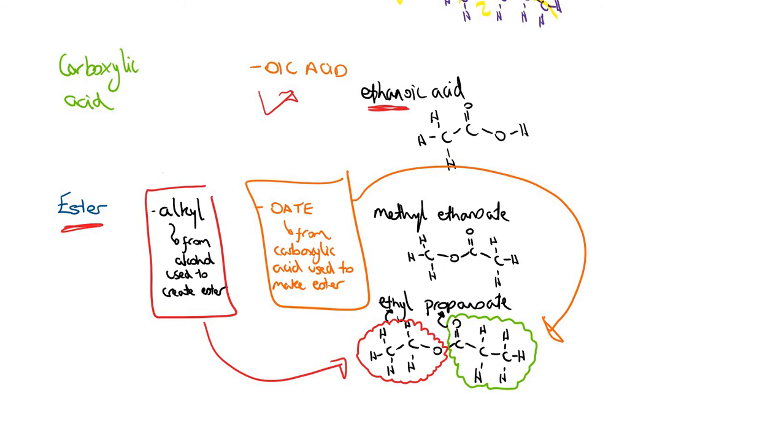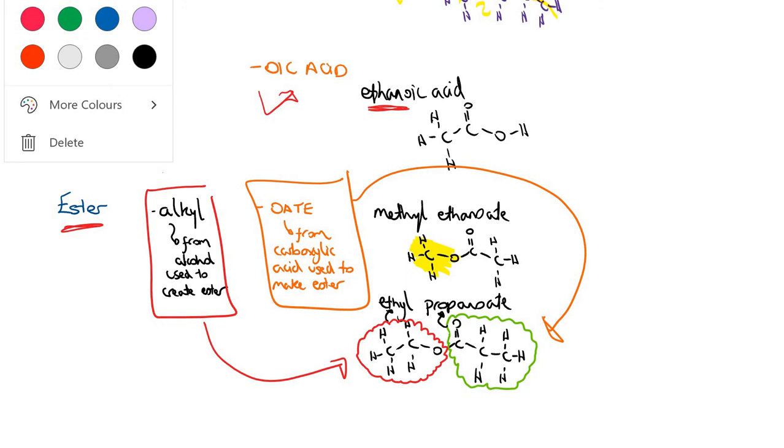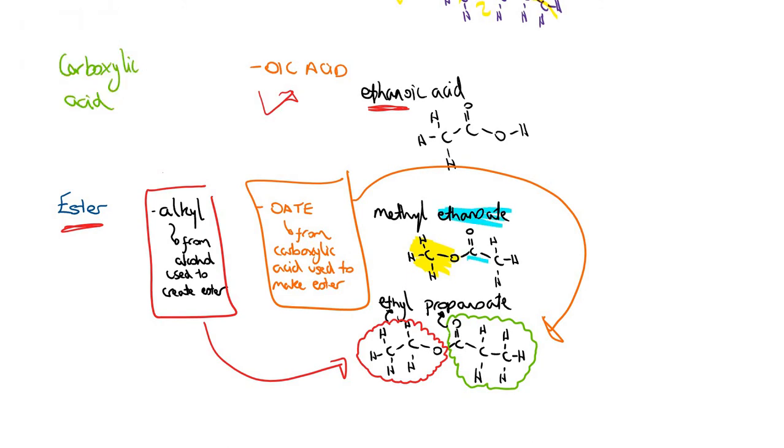For example, the first one, the prefix, as there is one carbon here, is just given methyl because it came from methanol. And the second part of the name is ethanoate because there's two carbons, and that came from the carboxylic acid which was used to make it. And we'll talk a bit more about that when we deal with the esters in detail.